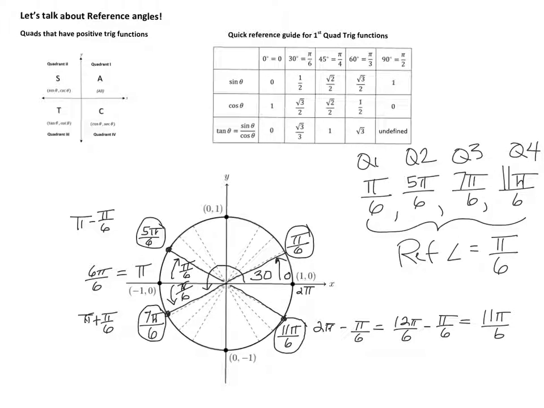It's pi over 6, and same thing for our quadrant 4, pi over 6. The reference angles, you can look and tell they're reflected across the x and y axis. So let me shade them: quadrant 1, quadrant 2, quadrant 3, quadrant 4. You can look at it and tell what the reference angles are.